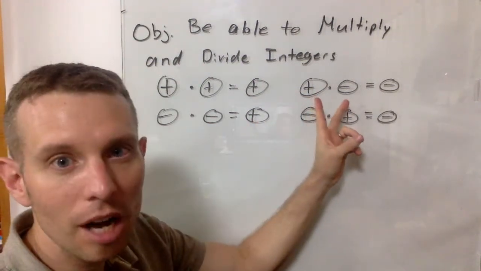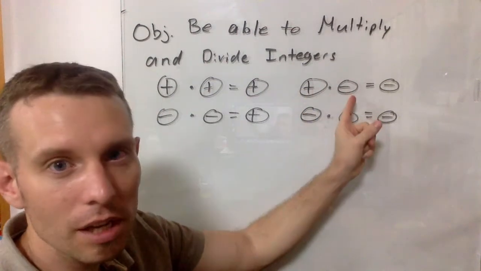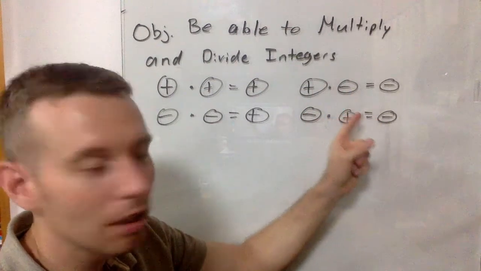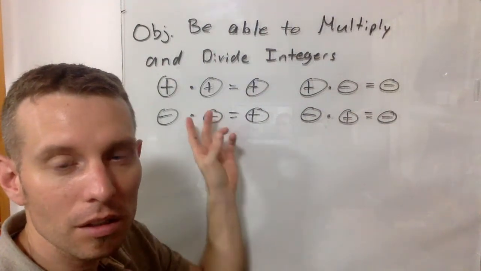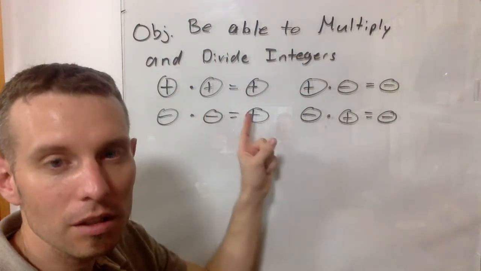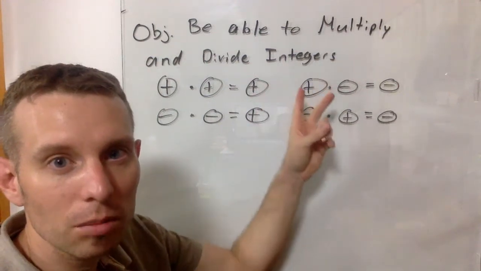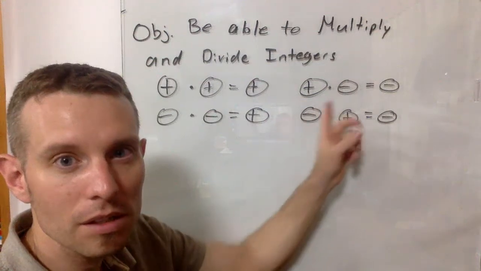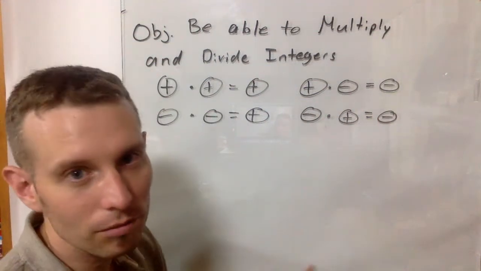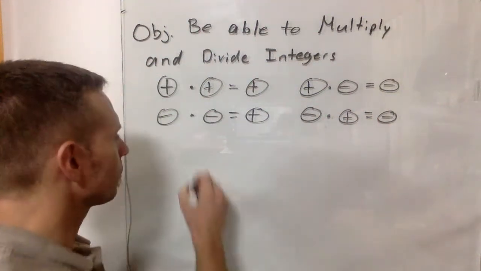If the signs are opposite, one's positive, one's negative, and you're multiplying or dividing, the answer is going to be negative. We'll just do a few quick examples.